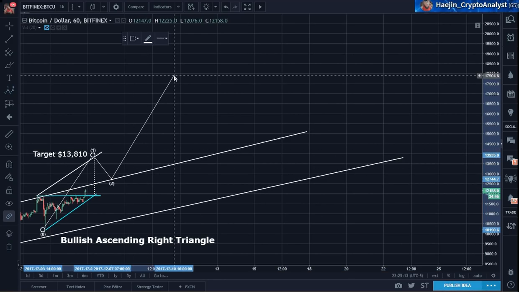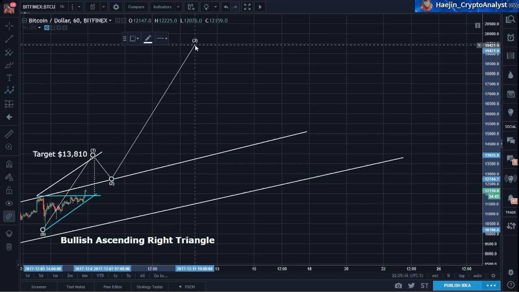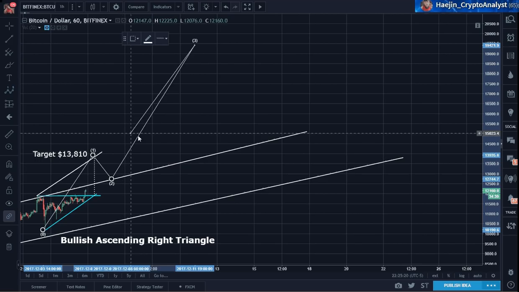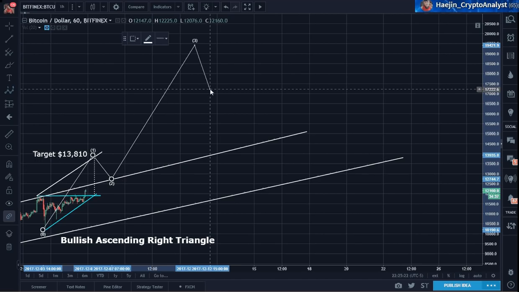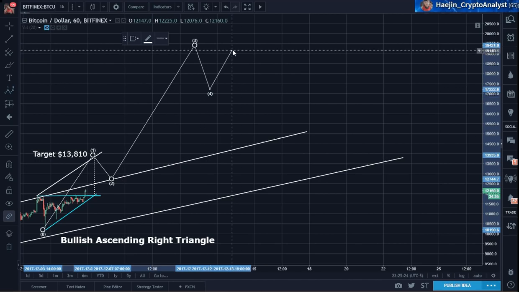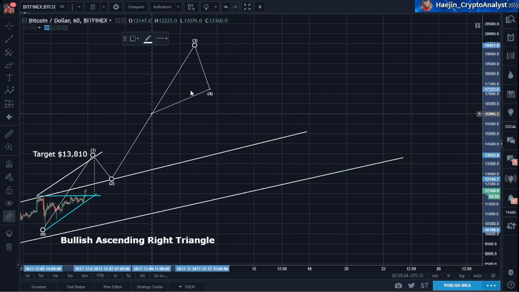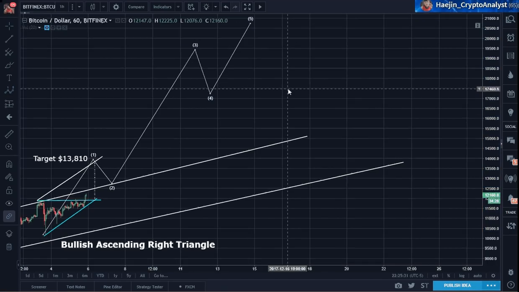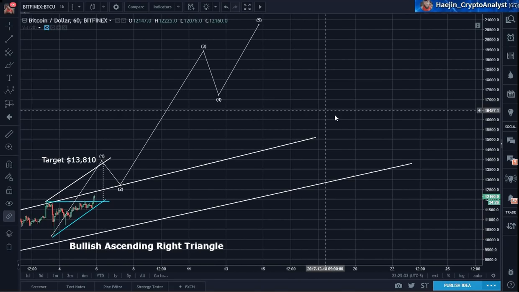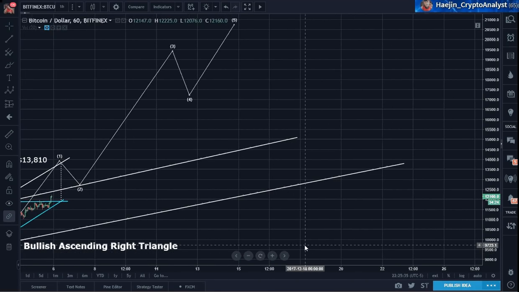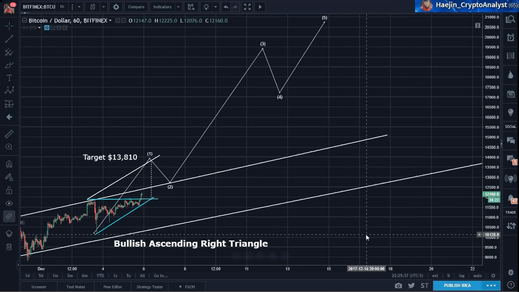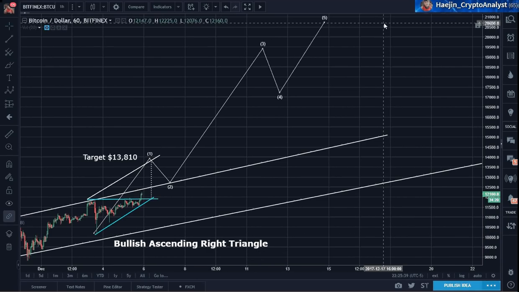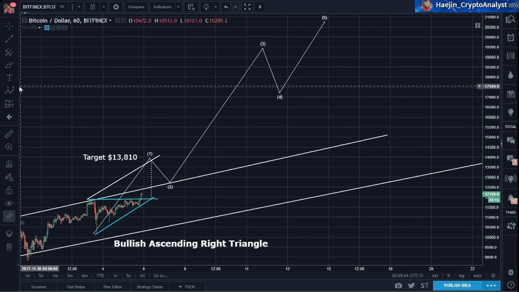I'm eyeballing it. My wave 4, 1, 2, 3, 4, will be here. Wave 5 will be equal to wave 1. Approximately there. $20,698.